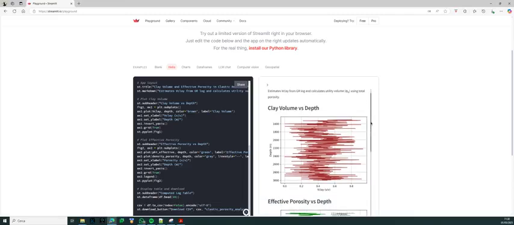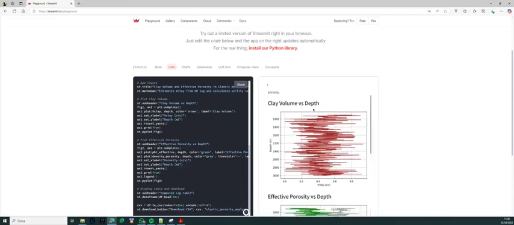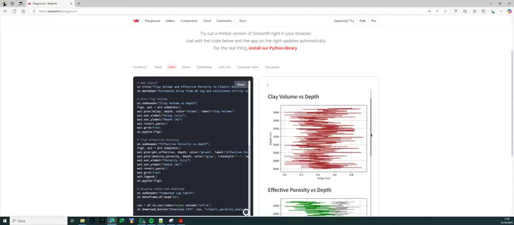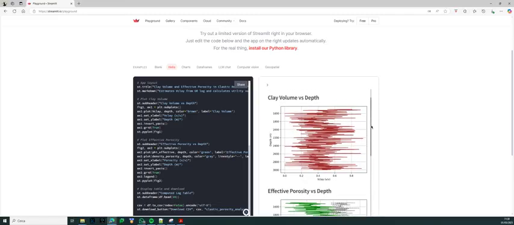Clay volume versus depth: this is a plot of clay volume versus depth. It's not a pure reservoir, it's a reservoir that has a complex diagenetic evolution, because we have a high quantity of precipitated clay.